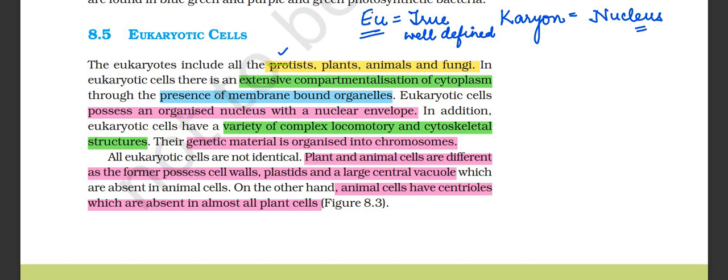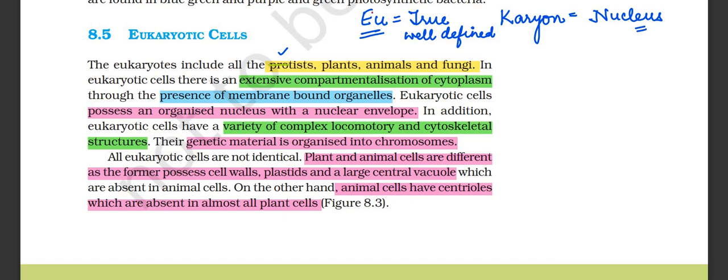Let's start with this paragraph, whatever is given in your NCERT book. So I'm reading from here. The eukaryotes include all protists, plants, animals, and fungi. You have read about the five kingdom system: Monera, Protista, Plantae, Animalia, and Fungi. The Monera group contains only prokaryotic cells, but Protista, Plantae, Animalia, and Fungi are eukaryotic cells.